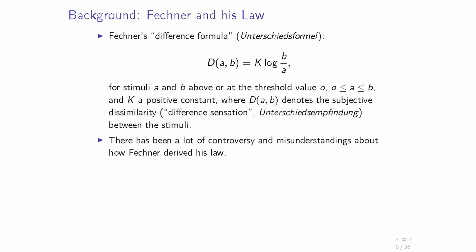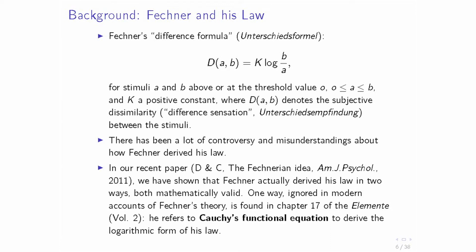There has been a lot of controversy and misunderstandings about how Fechner actually derived this law. And we have a recent paper in the American Journal of Psychology, the Fechnerian idea, where we have shown that Fechner actually derived his law in two ways, and both are mathematically valid. One way, which has been ignored in modern accounts of Fechner theory, is found in chapter 17 of the second volume, which has not been translated into English as a matter of fact.